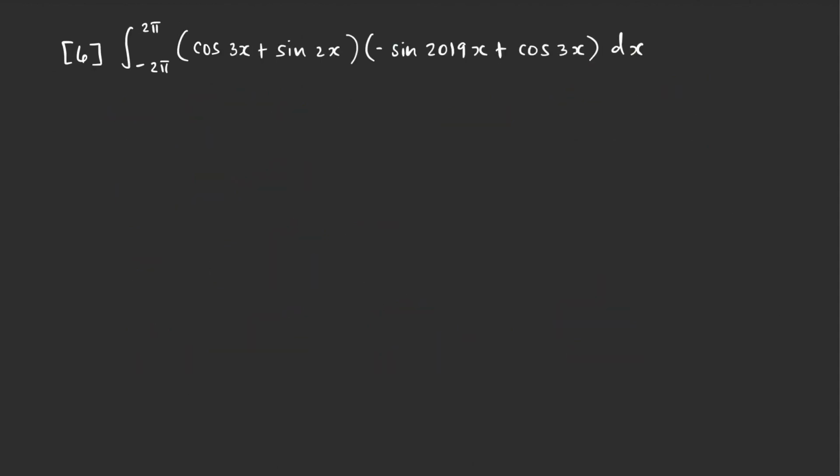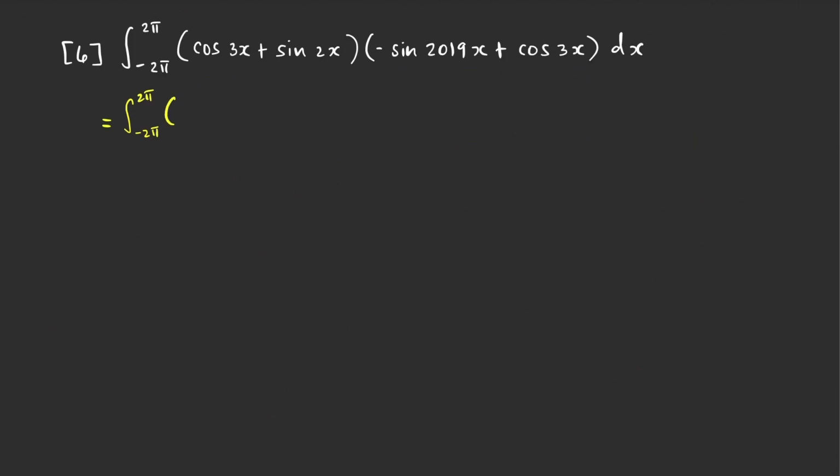So here, problem number 6, we have the integral of this product. It looks very complicated, but let's try to do the FOIL expansion first. So this is equal to the integral from negative 2 pi to 2 pi.